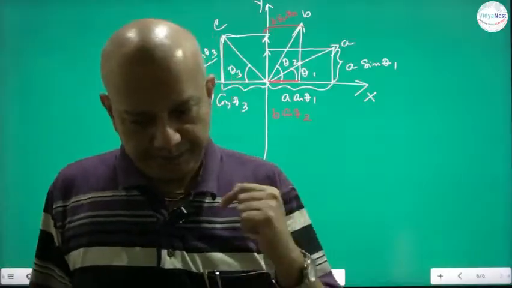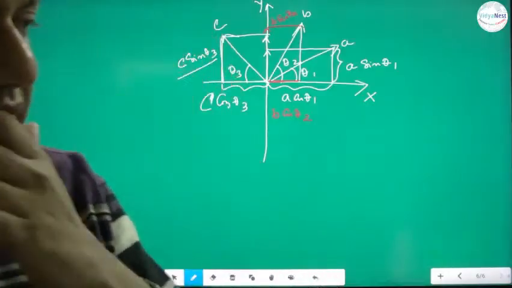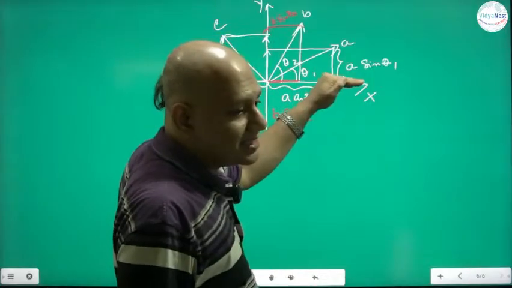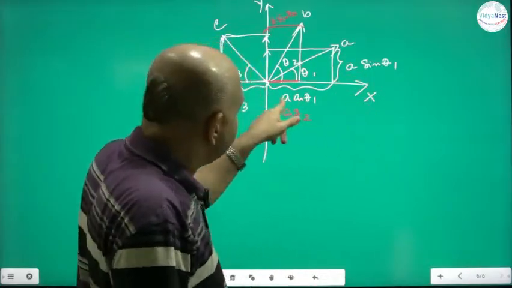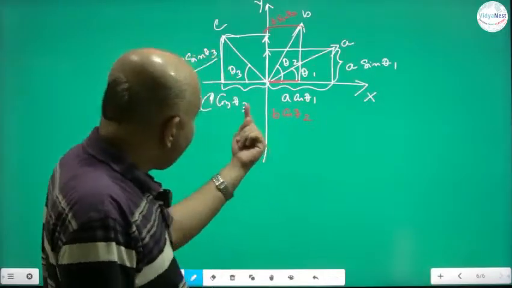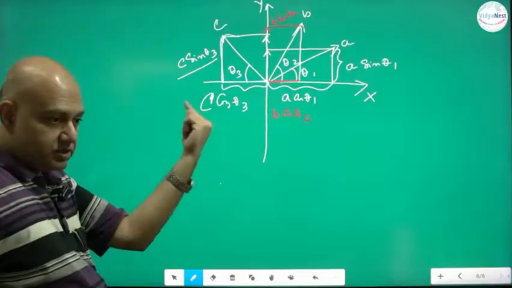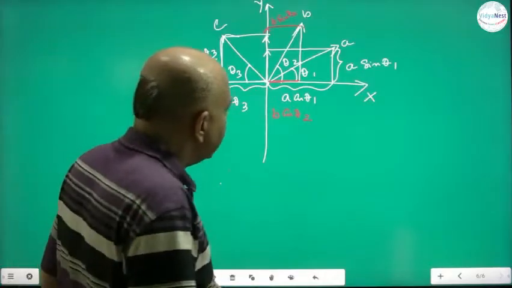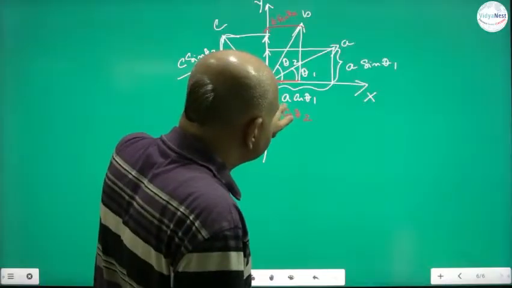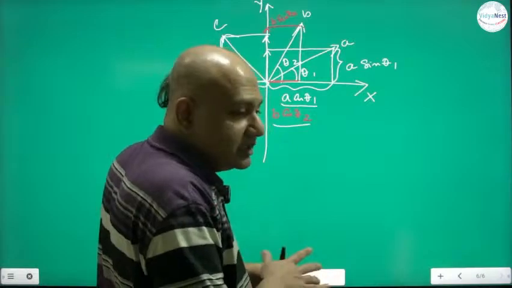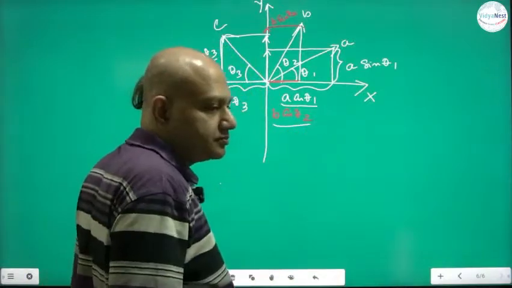Clear? Very good. Now see, Saurabh, in the x-axis, what are the components? A cos theta 1, B cos theta 2, and C cos theta 3 in the opposite direction. Since A cos theta 1 and B cos theta 2 are in the same direction, parallel, they will be added.